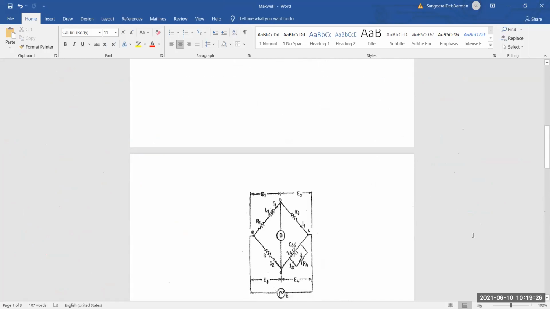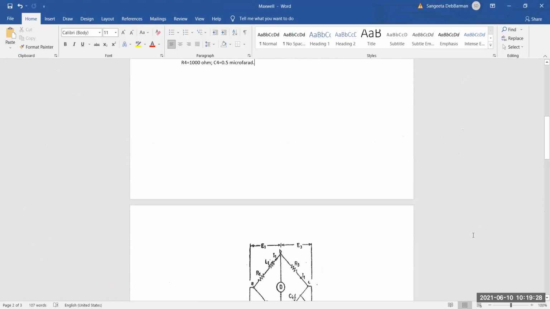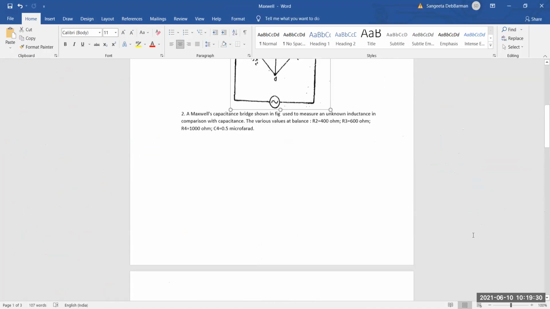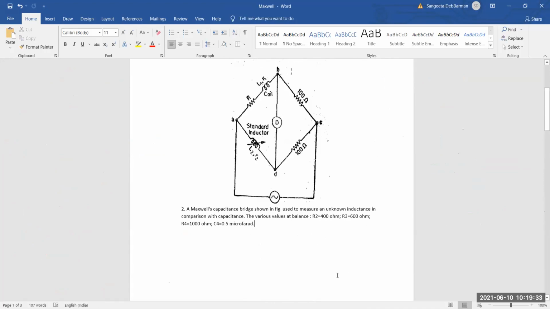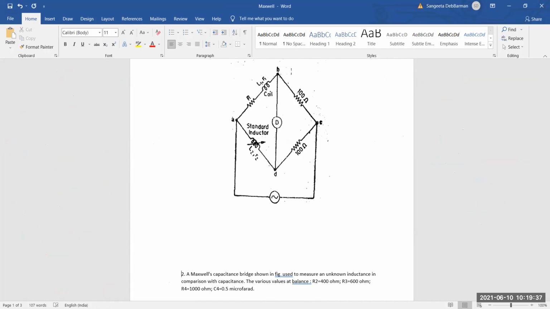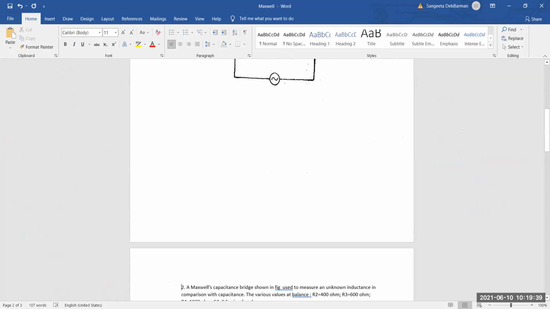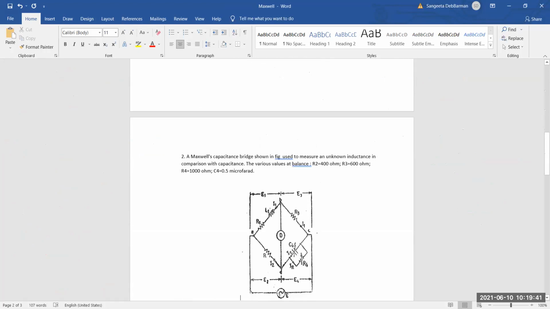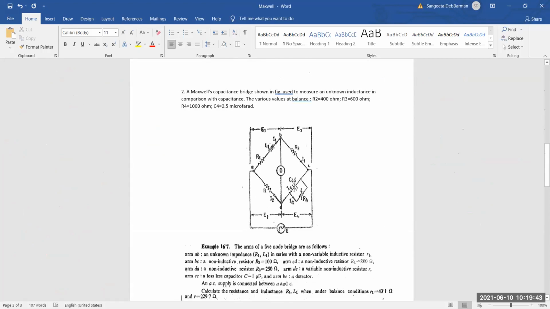Have you done this problem? A Maxwell capacitance bridge showing in the figure. Tell me, because in the beginning I have told you some of the problems. If it's done, then leave it. We can do some other problem on Schering bridge.